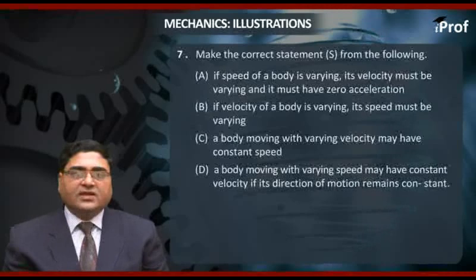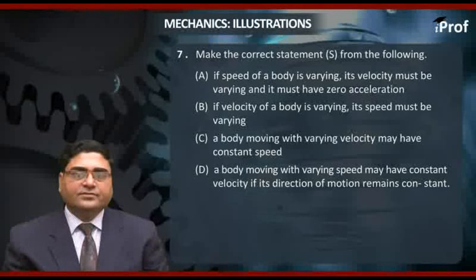Let's see another illustration. Mark the correct statement from the following. A. If the speed of a body is varying, its velocity must be varying and it must have zero acceleration.